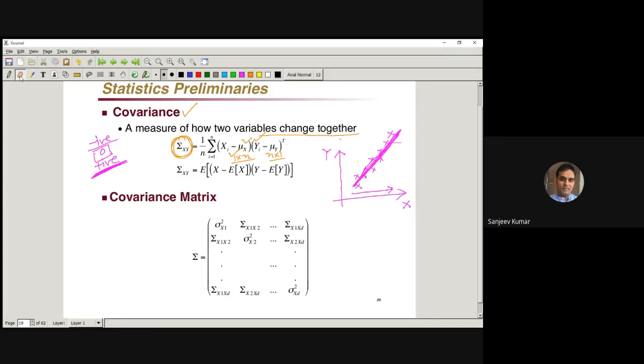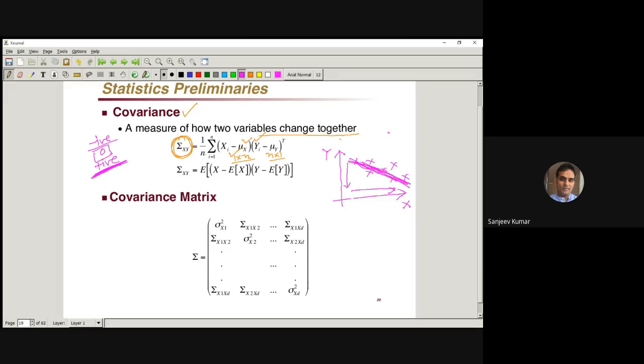But on the other hand, if my data is like this, what is happening? x is increasing, but y is decreasing. You can see from this line. The patterns are coming like this.